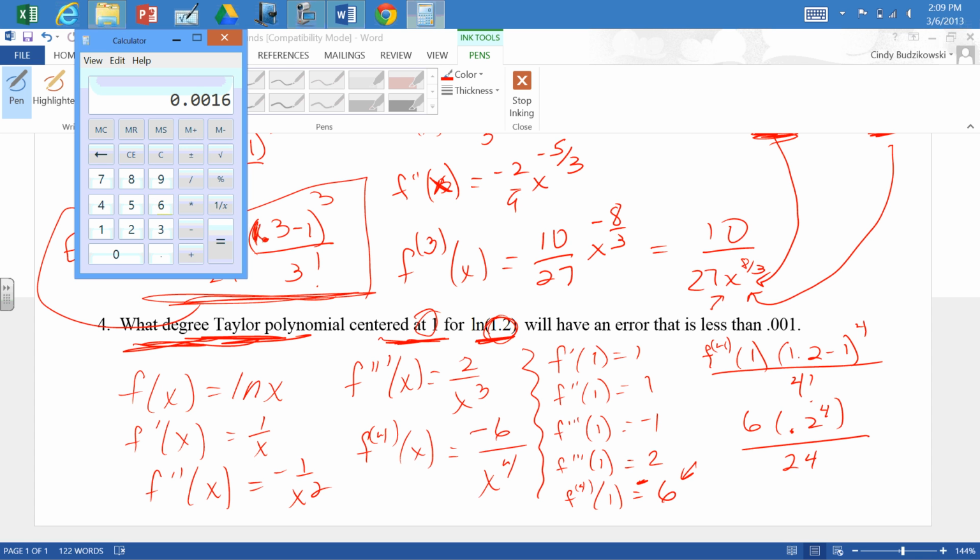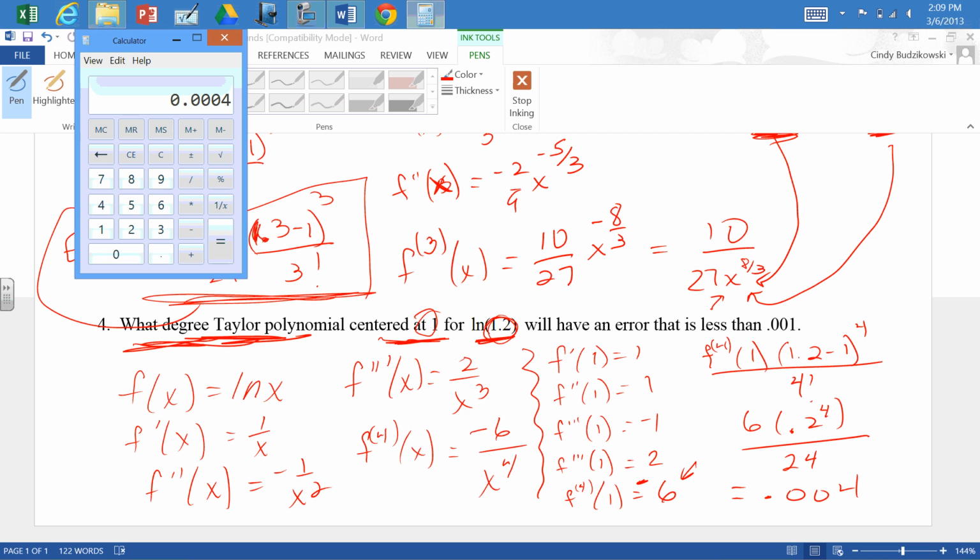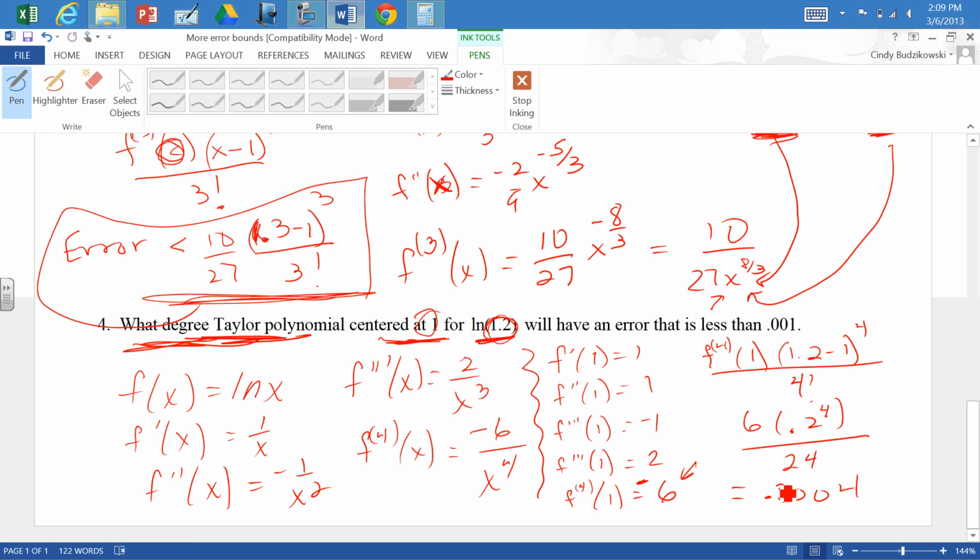Yeah, so we're good there. Times 6, and we're going to divide that by 24. And I get 0.0004. Whoops, three zeros on a 4. Okay, which is less than 0.001.